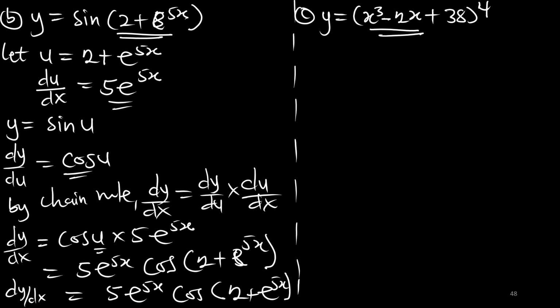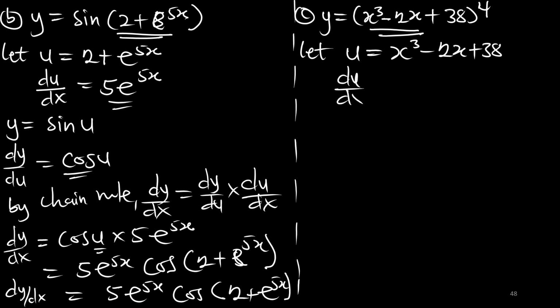So we can say let u again be equal to everything in the bracket, x cubed minus 2x plus 38. We can see that the u function is still in terms of x. So let's apply du dx.